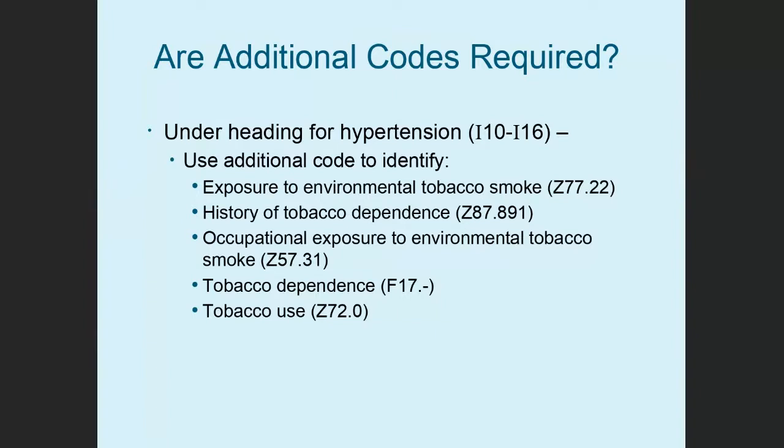So exposure to environmental tobacco smoke, Z77.22, history of tobacco dependence, Z87.891, occupational exposure to environmental tobacco smoke, Z57.31, tobacco dependence, Z17, and tobacco use, Z72.0. So all of these are important to also code to kind of track what's going on with the patient.